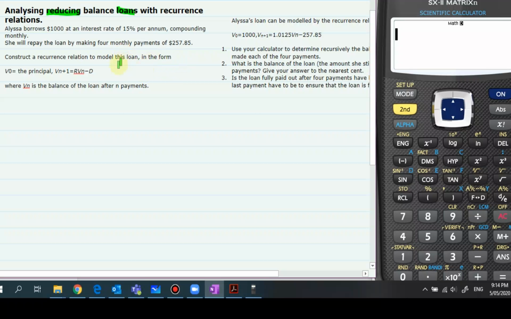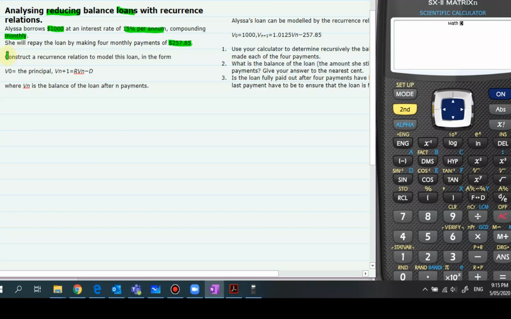Okay, so our example here is that Alyssa borrows $1,000 at an interest rate of 15% per annum, compounding monthly. Key points: she'll repay the loan by making 4 monthly payments of $257.85.